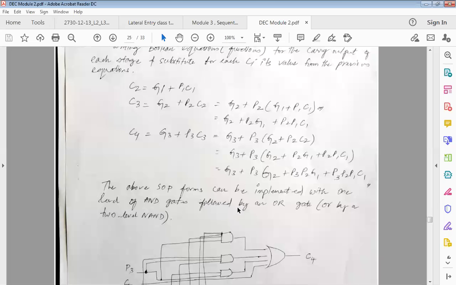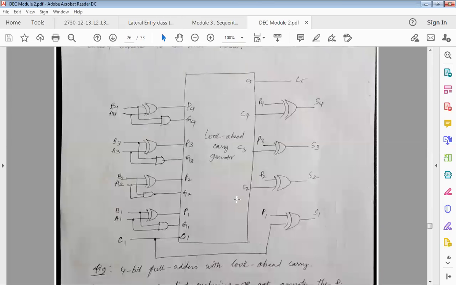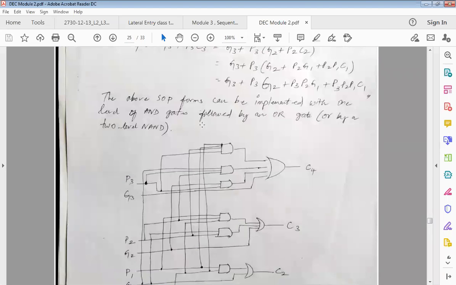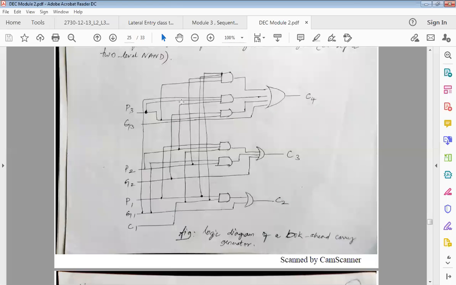So that same thing you can see here, propagate and generate. Then in between we have this carry look ahead adder. So processing happens here, which means the formula is actually here. And with the formula, we get these equations. With the equations, we have this circuit.